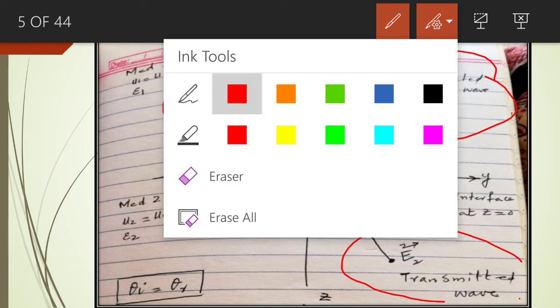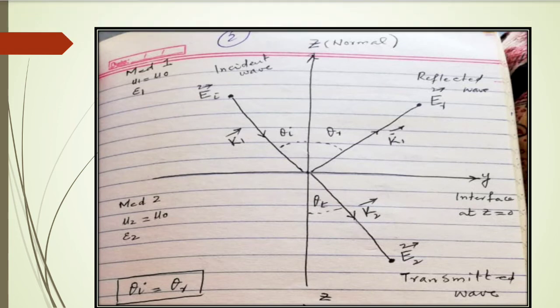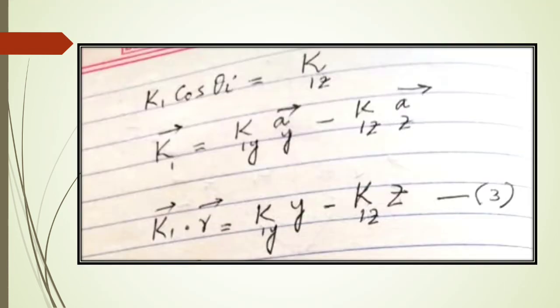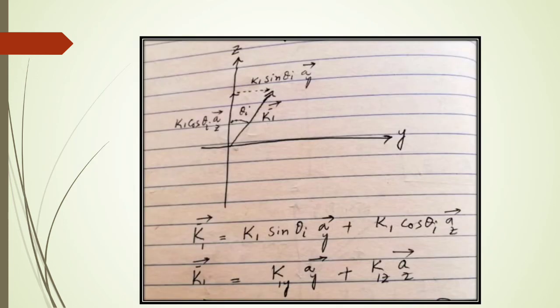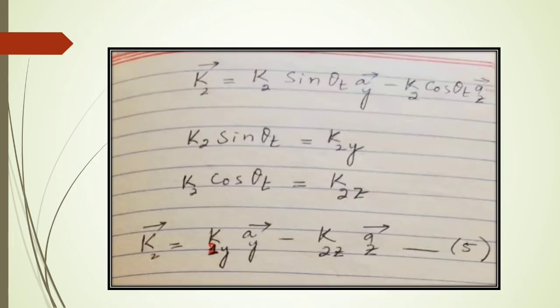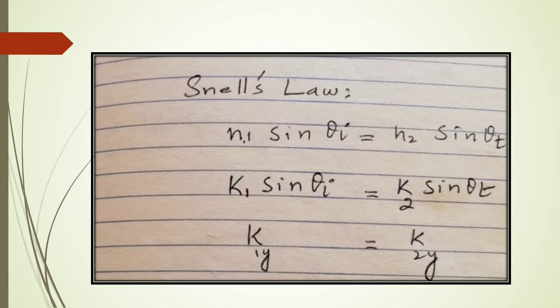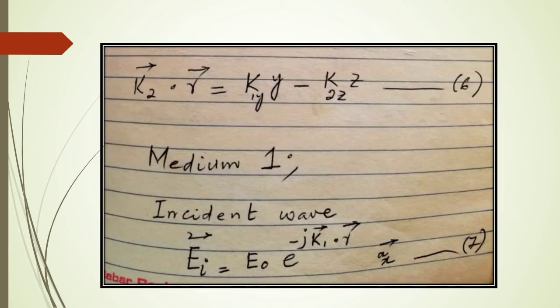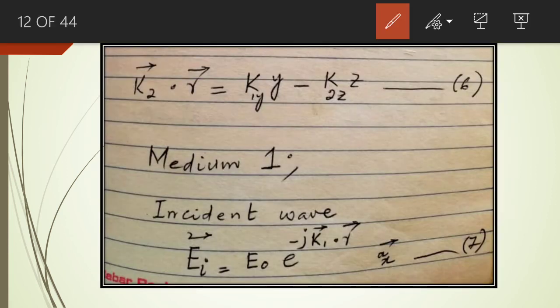So we consider medium number 1, and there are two light waves in medium number 1, the incident wave and the reflected wave. So we consider medium number 1 and the incident wave in medium number 1.